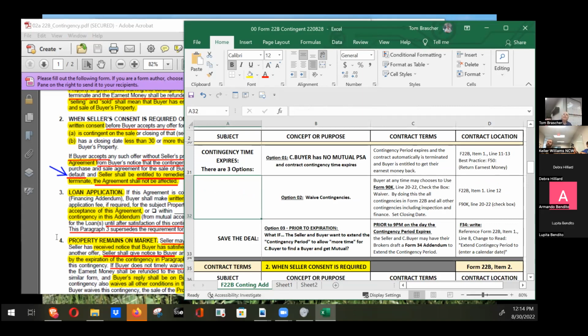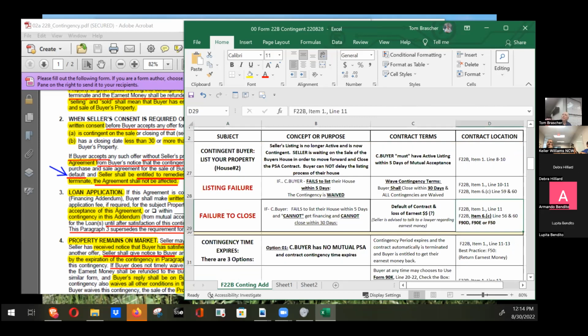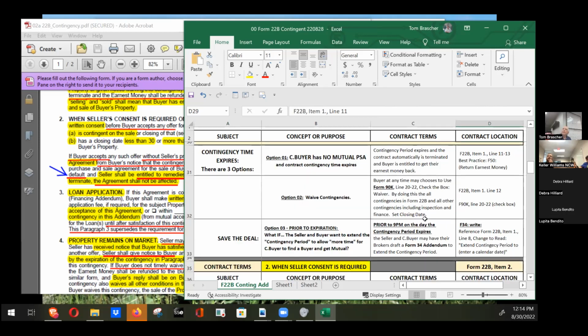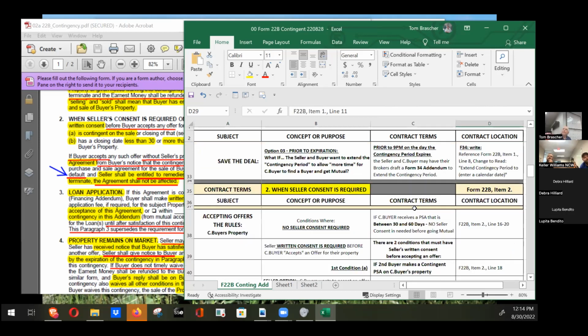Okay, you're talking about the written notice in paragraph 2. So if it's under the 30, over the 60, or the contingent, when the seller's consent is required. Right. What does the seller use? Do you send the seller a form and say, here, sign this? Or do you just need an email?